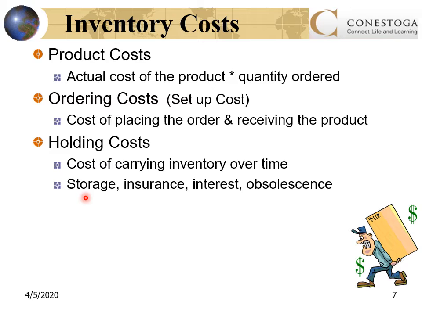So the storage cost, the rent that I pay for that location, or the insurance which I need to take for the safety of the materials and so on, are typically put under the holding cost. So remember, ordering cost, holding cost and product cost are the three different costs involved in any inventory discussion.